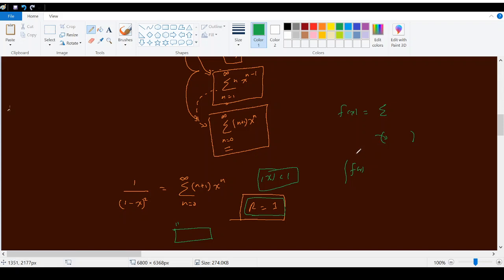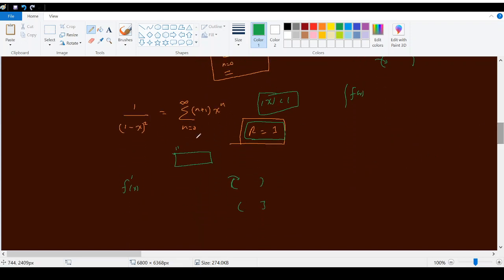So therefore, if you need to find the exact interval, you will have to manually substitute these endpoints once again and see whether the series converges or not, right? So remember that also. The radius is the same, but the interval may not. You will have to once again substitute the endpoints and check for the convergence of the newly obtained power series, right?